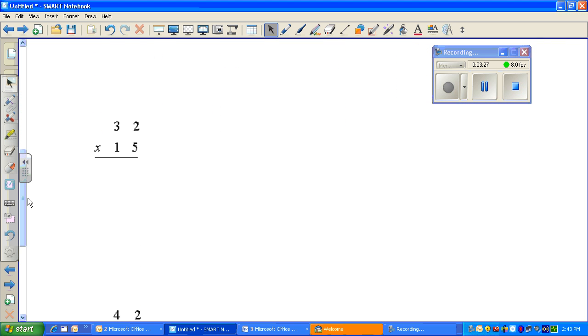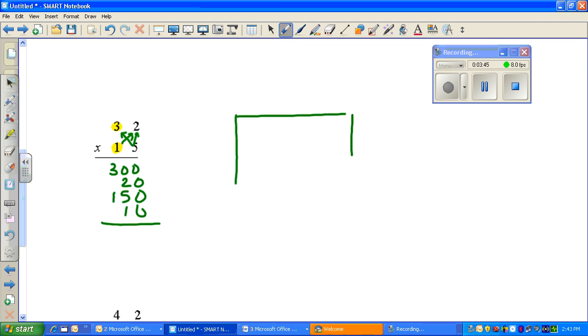So let's try another one, recognizing that this is a 10 times a 30. 10 times 30 is 300. 10 times 2 is 20. 5 times 30 is 150. 5 times 2 is 10. Let's take 32 and dissect it into its parts, 30 plus 2, and 15 into its parts, 10 plus 5.